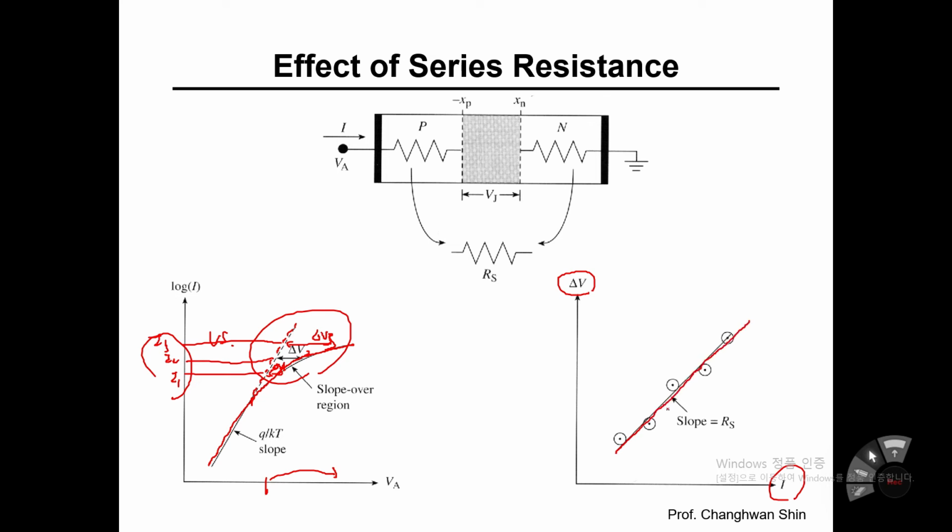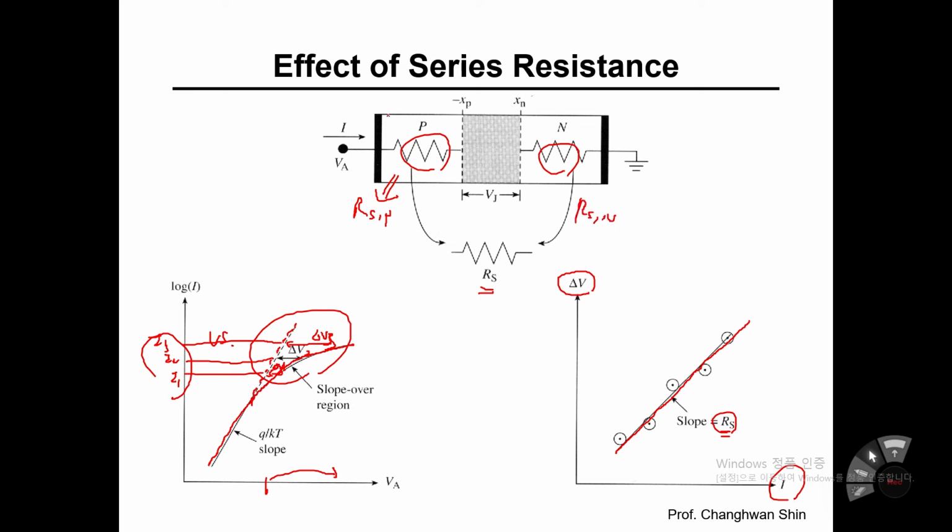Then you're going to get this straight line. So the slope of this delta V versus I indicates the total series resistance coming from the p side and n side. Okay, and experimentally you may extract the Rs value, and theoretically you may estimate and calculate Rs p side and Rs n side, as I have told you.